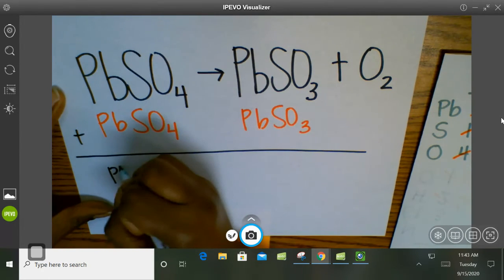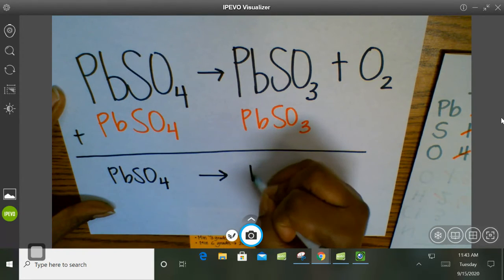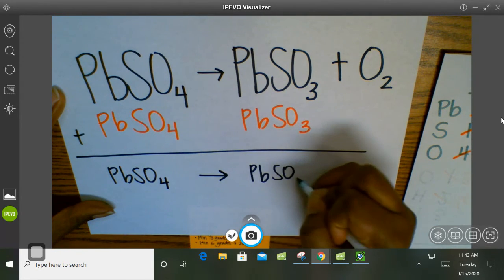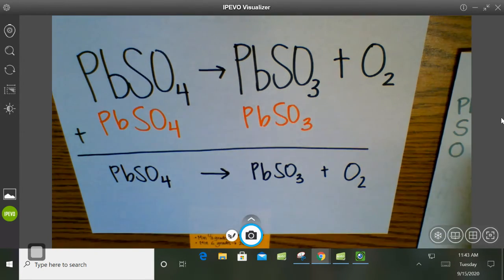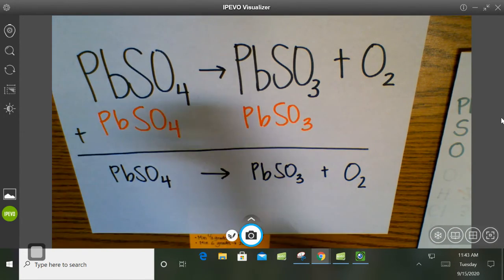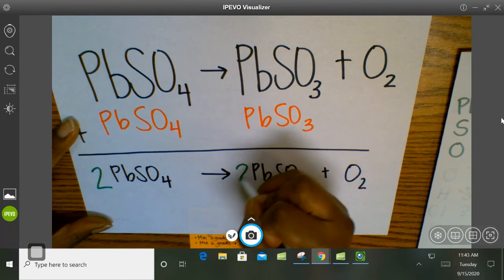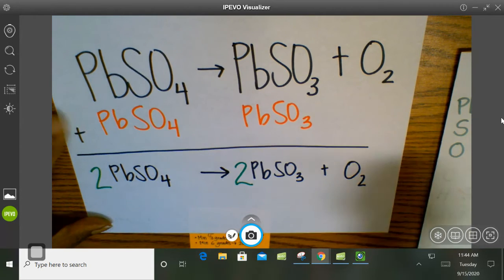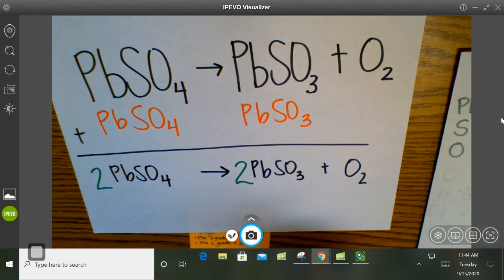PbSO4 yields PbSO3 plus O2. How many PbSO4s do you have? You have 2. How many PbSO3s? 2. And then there's just one O2. So 2, 2, 1 are your coefficients to balance this equation.